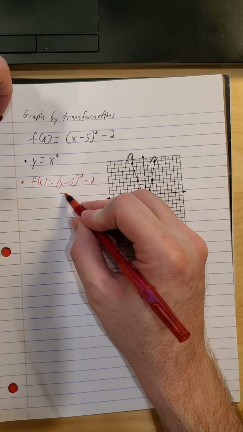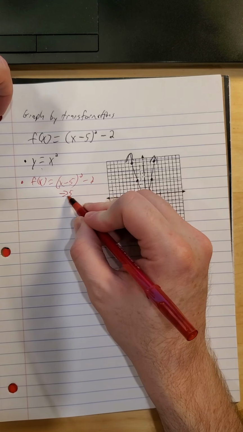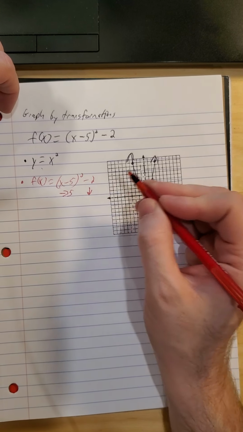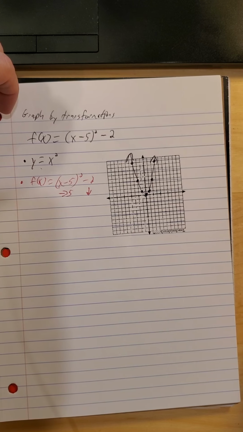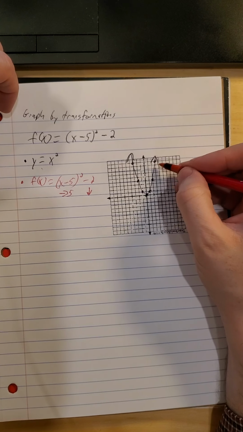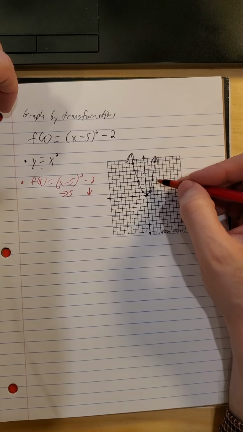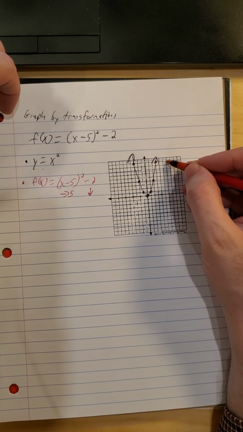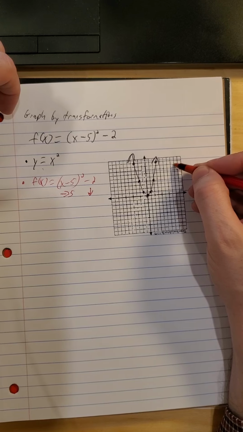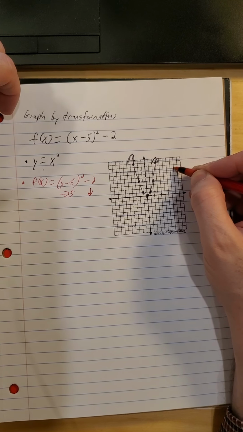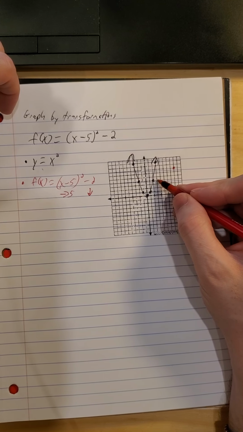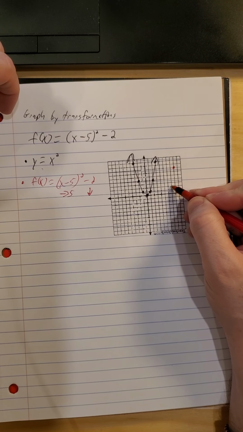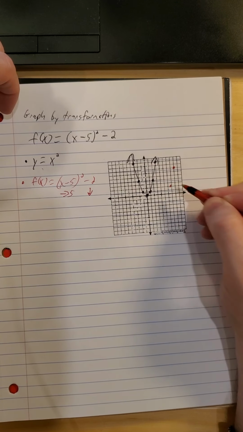So minus 5 on the inside tells us we're going to be moving every point that's in black to the right 5. Minus 2 outside, everyone in black is dropping down 2. So every one of these points, I'm going to count to the right 5 and down 2. The right 5 and down 2.